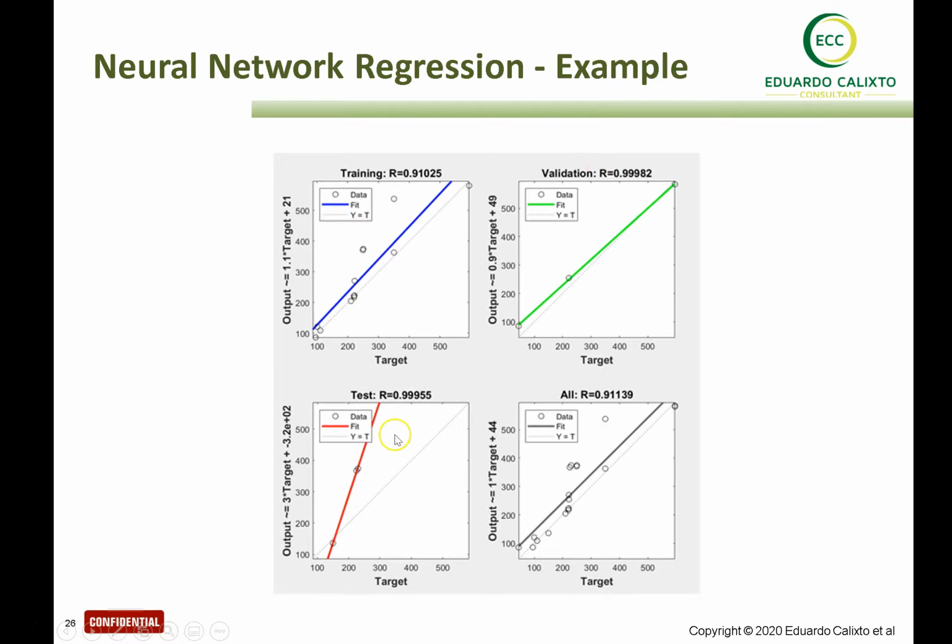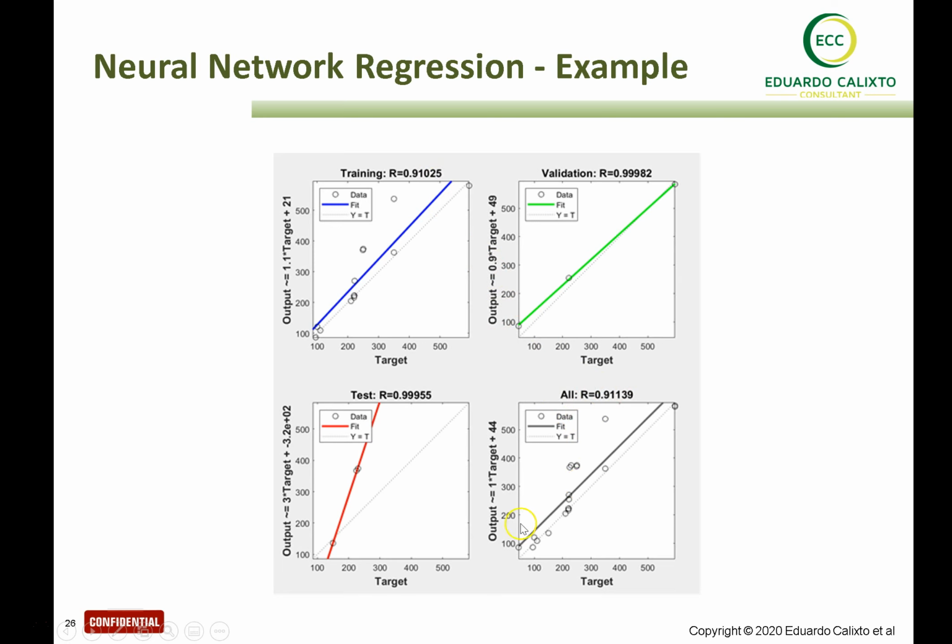The validation and test data sets are very close to 1, but I need to consider also that I have only 3 points here. So it's simple to adjust this line, and these points are very well adjusted to one line. But if I consider 70% of the data set, a higher sample, or even the whole data set, I get a good correlation.